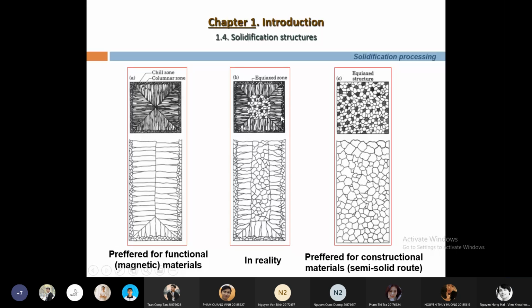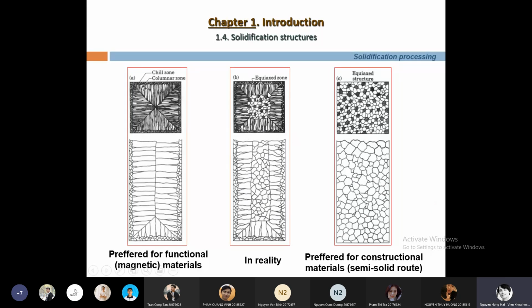Normally, in the conventional method, we have this structure, three zones of microstructure. This one is preferred for functional material, this one for constructional material. To obtain this microstructure, we have to apply some special technique.